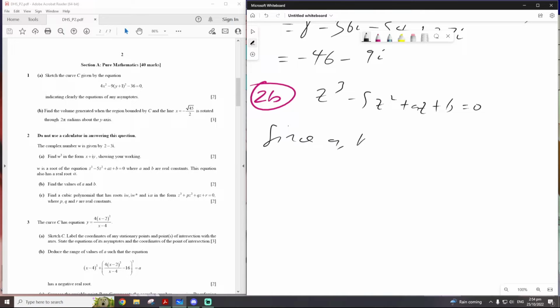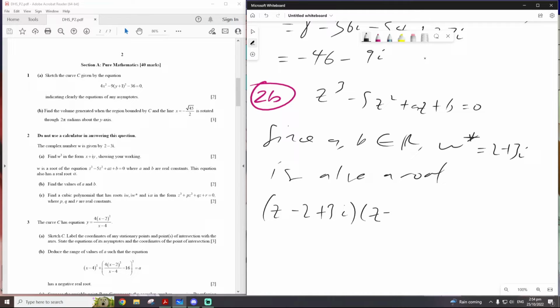Since a and b are real numbers, the conjugate of w, so w conjugate equals 2 plus 3i, is also a root. So one can write (z minus 2 plus 3i) and (z minus 2 minus 3i), and this will be a quadratic factor of the cubic.